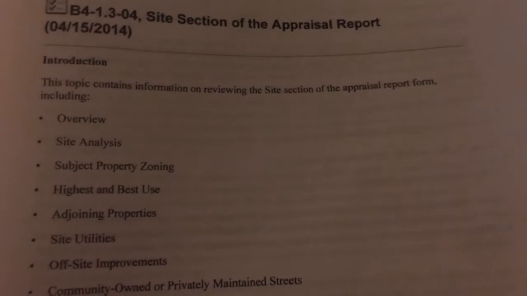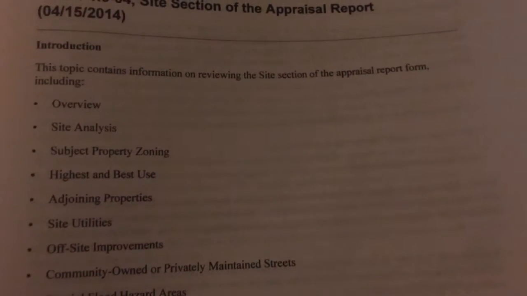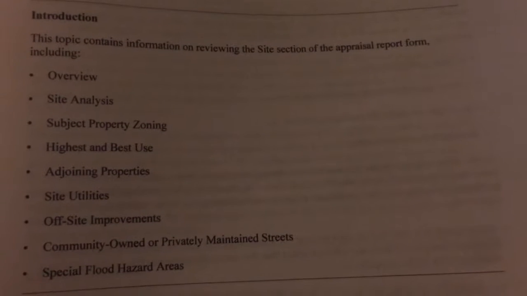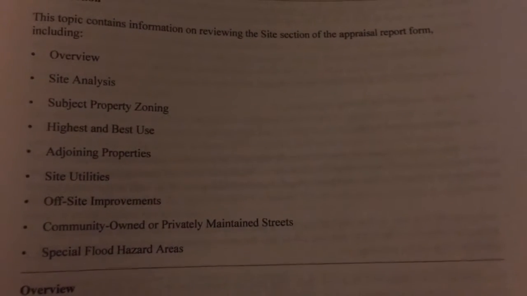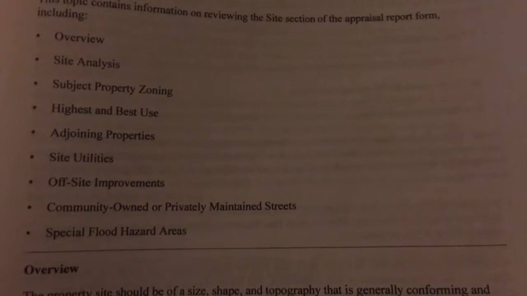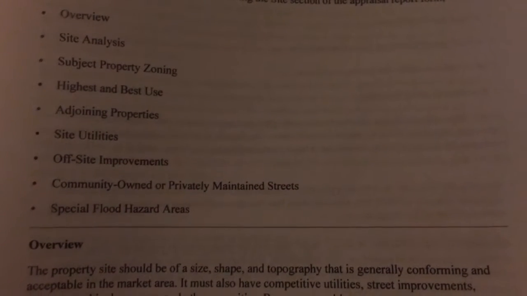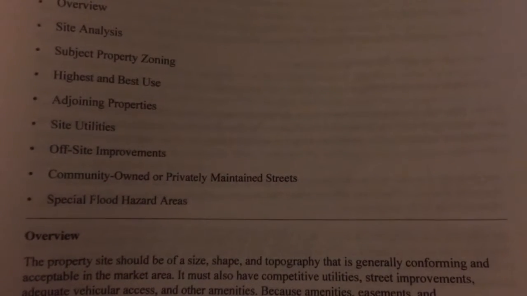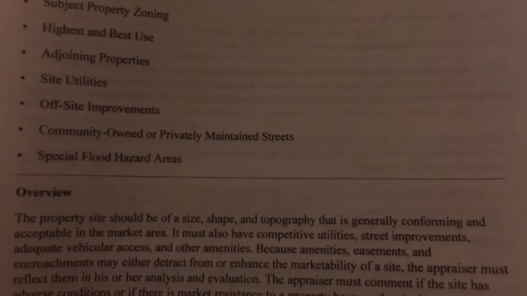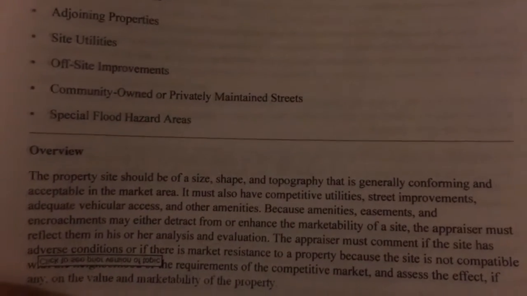This topic contains information on reviewing the site section of the appraisal report form, including overview, site analysis, subject property zoning, highest and best use, adjoining properties, site utilities, off-site improvements, community-owned or privately maintained streets, special flood hazard areas.